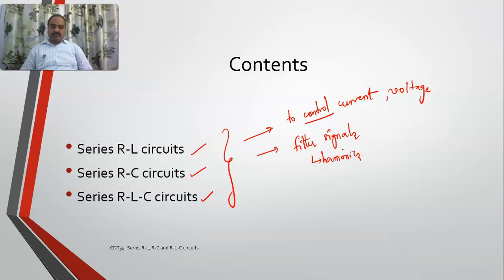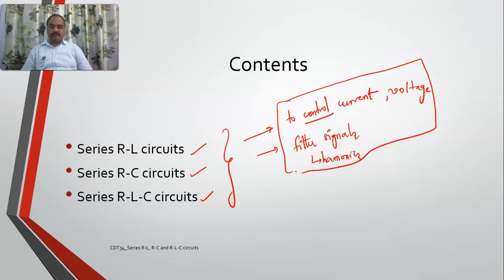Depending upon your choice of R, L and C, you can choose to do all these things. Because as an electronics and communication engineer, your job is to design an electronic circuit to control all these parameters which we generally see in our electrical circuits. So one is you will be controlling the signals.